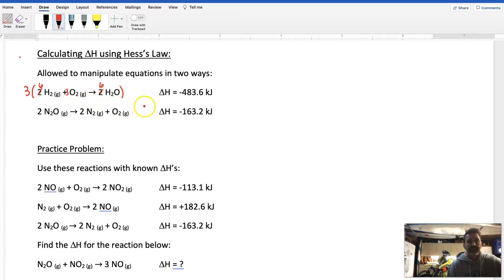Now what you have to remember is if I multiply the reaction by 3, I also need to multiply this delta H, or the amount of heat, by 3. Because if you think about it, if I triple my ingredients, I'm going to triple the amount of heat being produced. So when I multiply by 3, this comes out to be 1450.8 kilojoules.